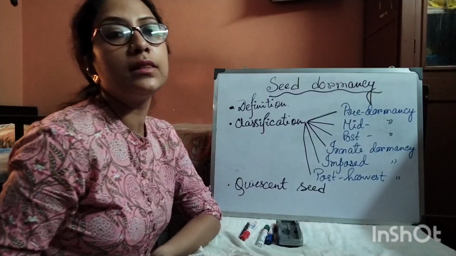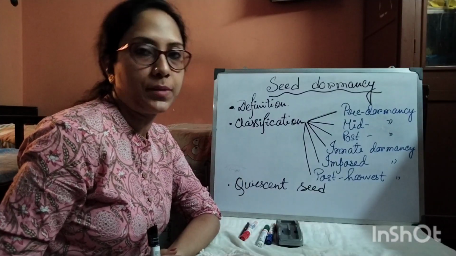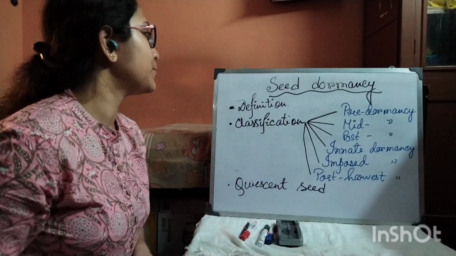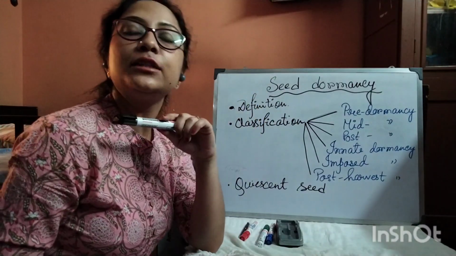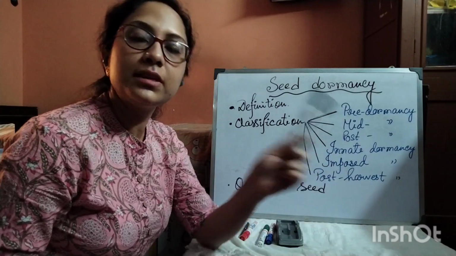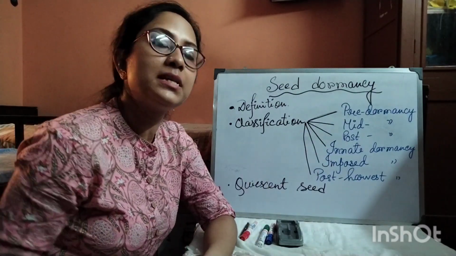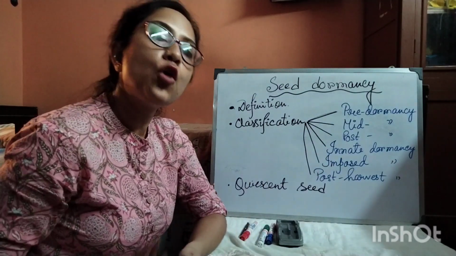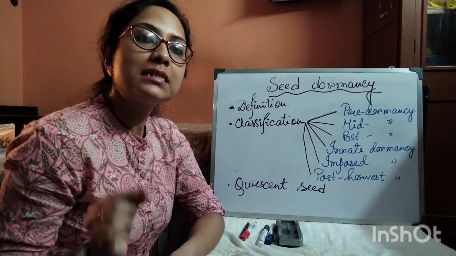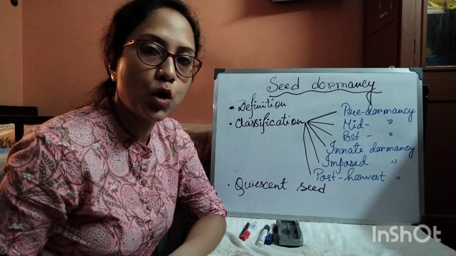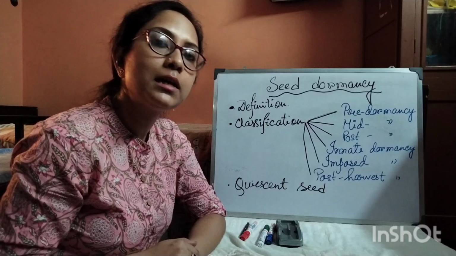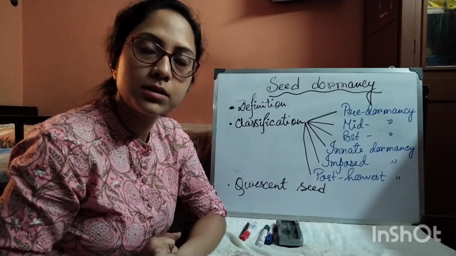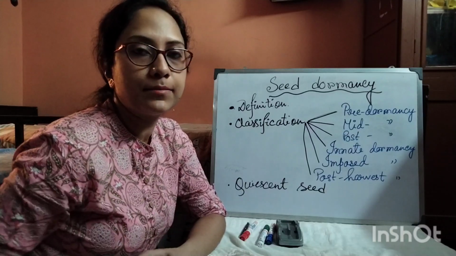Let's begin with the first portion, which is the seed dormancy topic. So, what is seed dormancy? In the previous class, during the study of abscisic acid hormone, we discussed the site of synthesis of abscisic acid, and in that portion, the first point was dormant seeds.